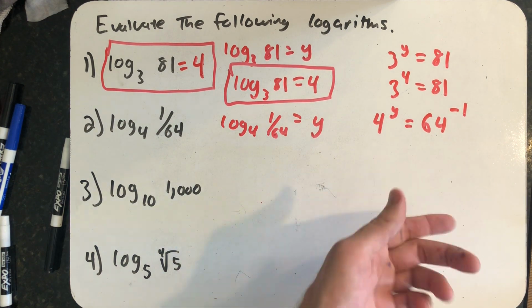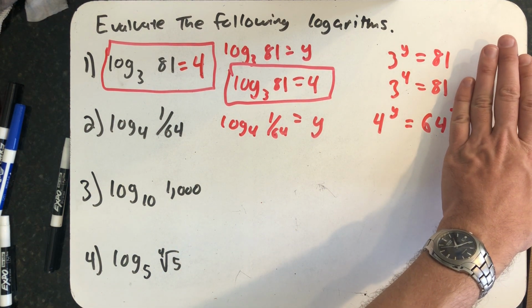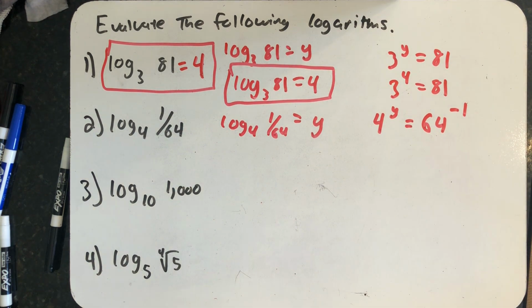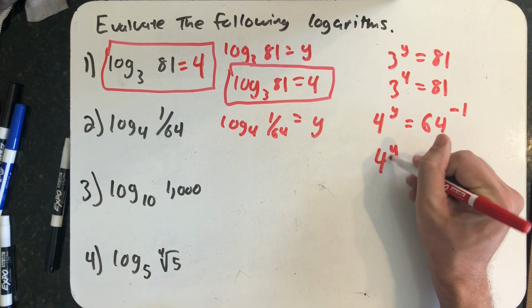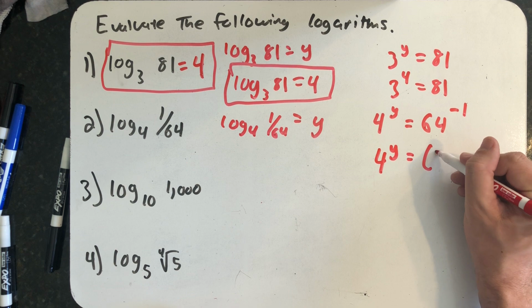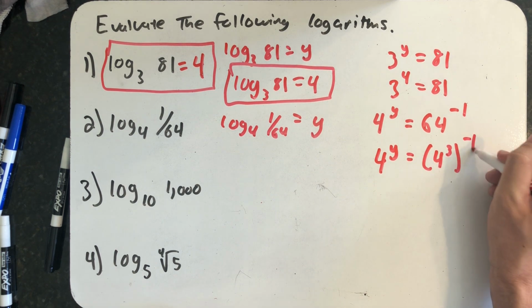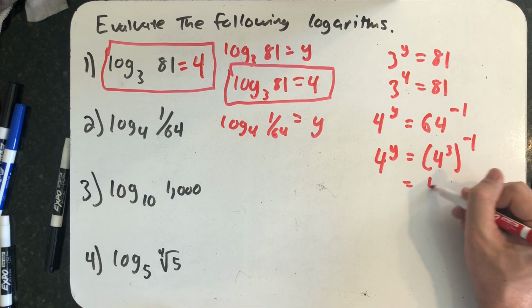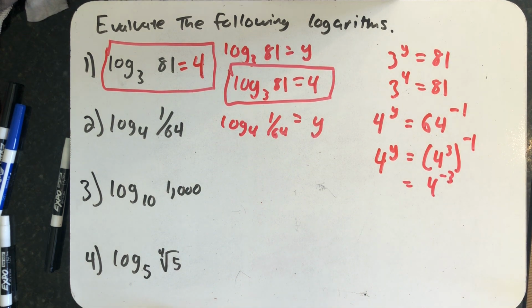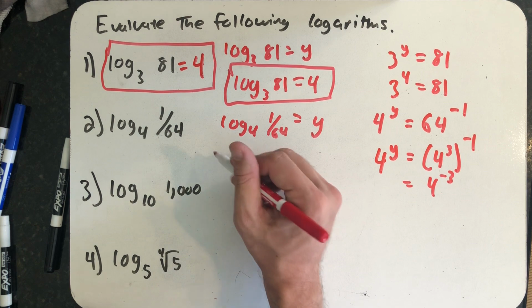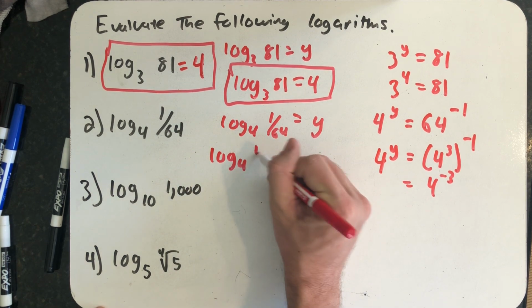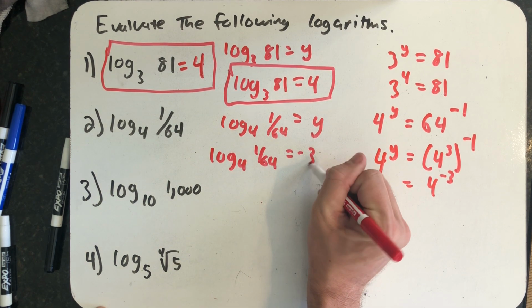Like, what power of 4 is 64? Just ignoring the minus 1 for a moment. Well, 64 is 4 to the 3rd power. So multiplying that, apparently I'm looking for minus 3. 4 raised to the minus 3rd would be 1/64. So the log base 4 of 1/64 is minus 3.